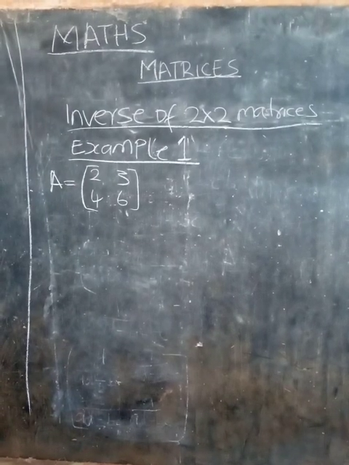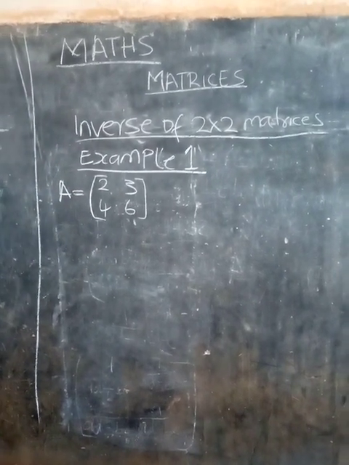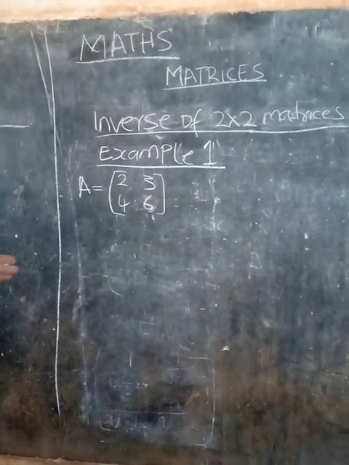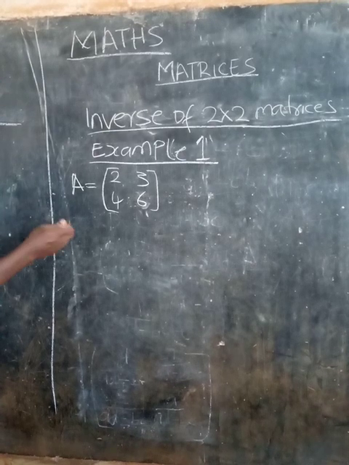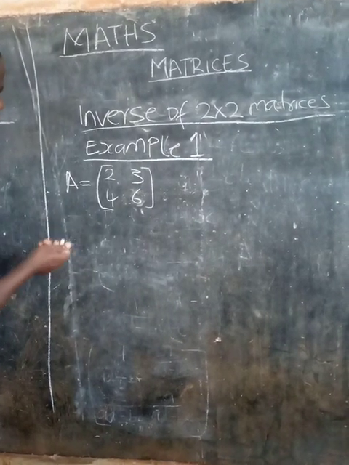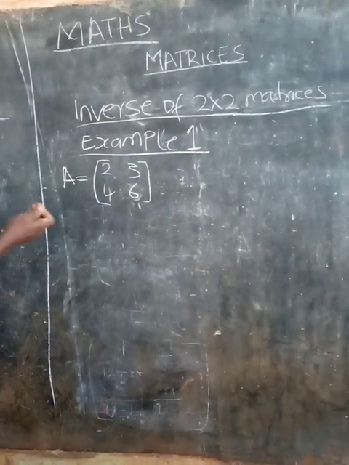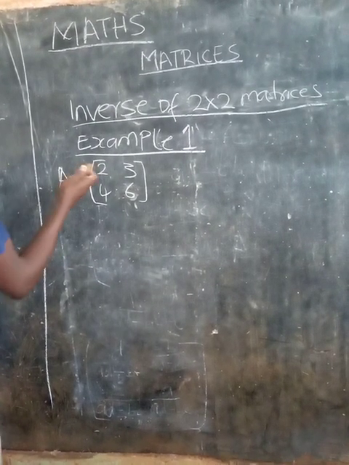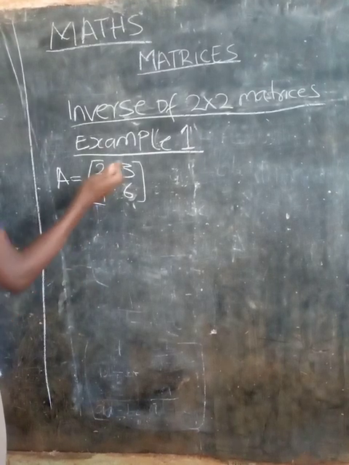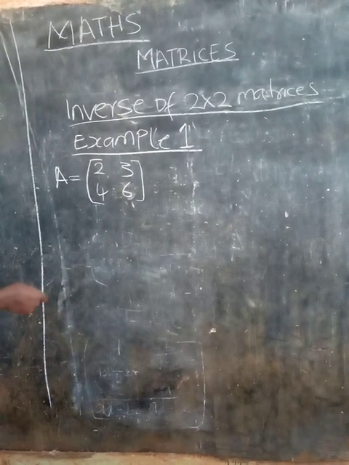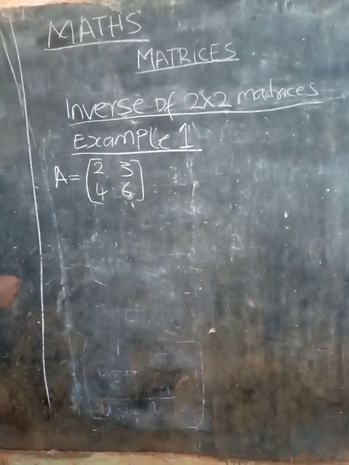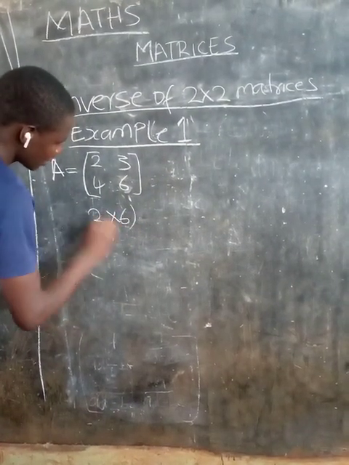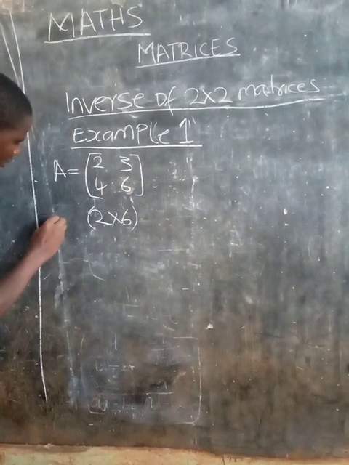So, as we learned yesterday, when we want to get the determinant of this matrix, we just do the same thing we've been doing. That is, we multiply the main diagonal, then we subtract the product of the other diagonal from the product of the main diagonal. That is, we take 2 times 6.